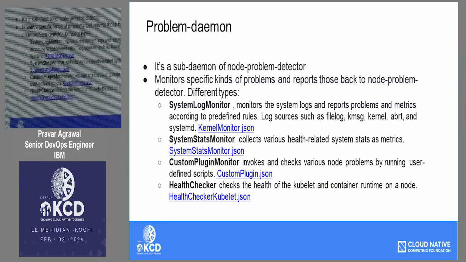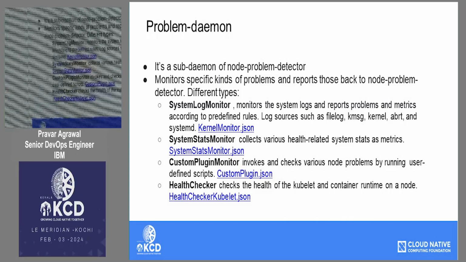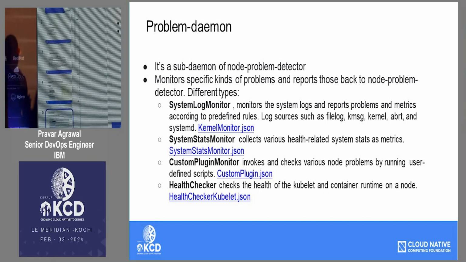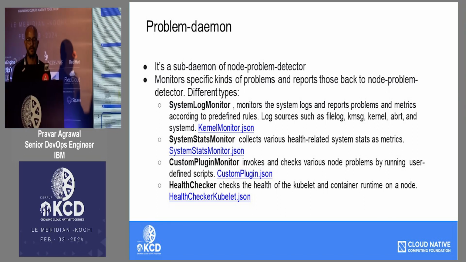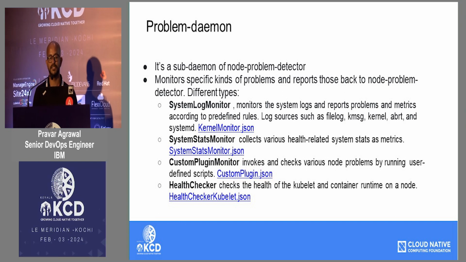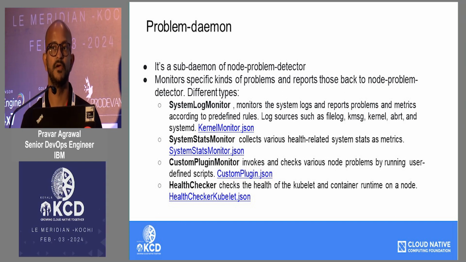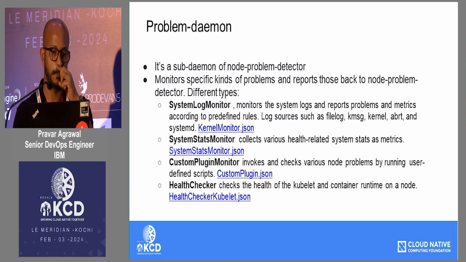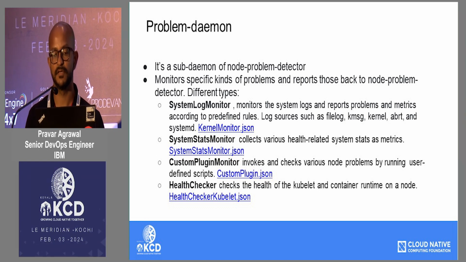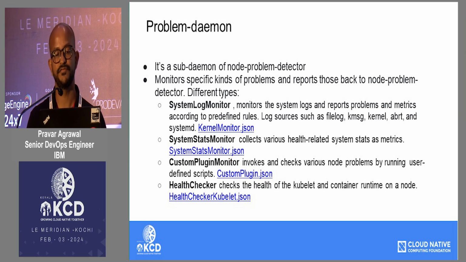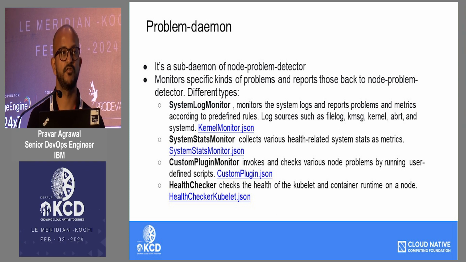So all these JSONs are the configuration files apart from the NPD that we install into a particular cluster, and we need to pass these configuration JSONs when we are trying to bootstrap it either as a daemon set or maybe as a systemd service. When it runs as a systemd service, it basically uses all of these four, and then maybe you can modify its initial configuration if you want to add something particular to it.